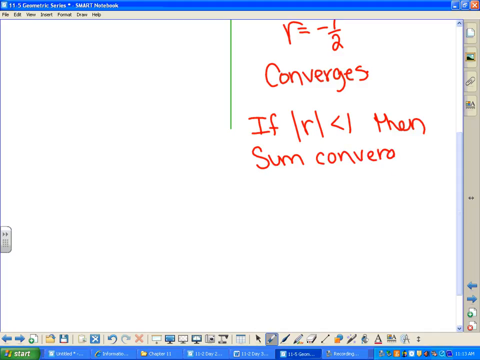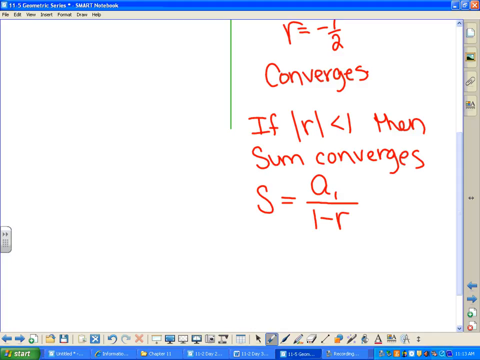And this only works for geometric sequences. And here's what it converges to. It's infinite, so I just need an S with no little subscript down here, because I'm not adding up just 5 terms or 12 terms. I'm adding up all the terms. And its formula is actually pretty easy. The formula is a sub 1 over 1 minus r.